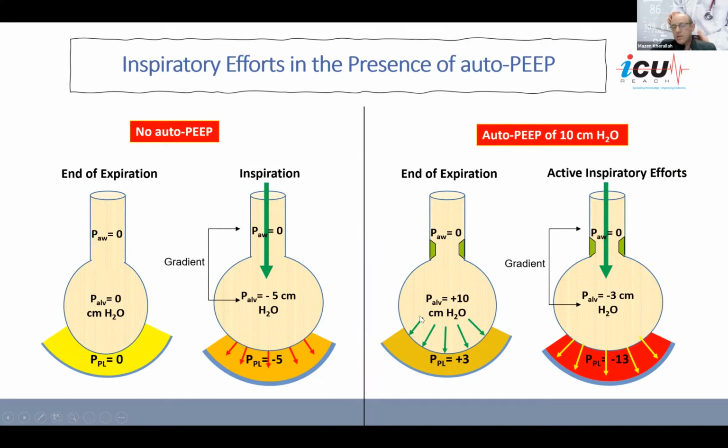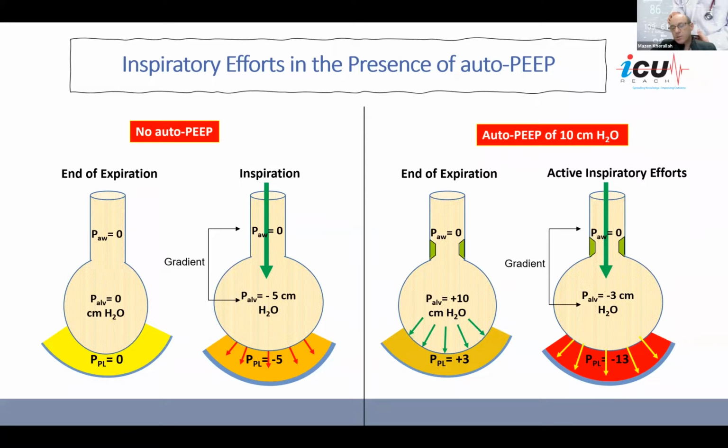And you're not seeing the auto-PEEP. If you were able to see the auto-PEEP, then that pressure would be higher. So on the alveoli here, take a look here. The transpulmonary pressure at the level of the alveoli is the auto-PEEP minus the intrathoracic pressure.